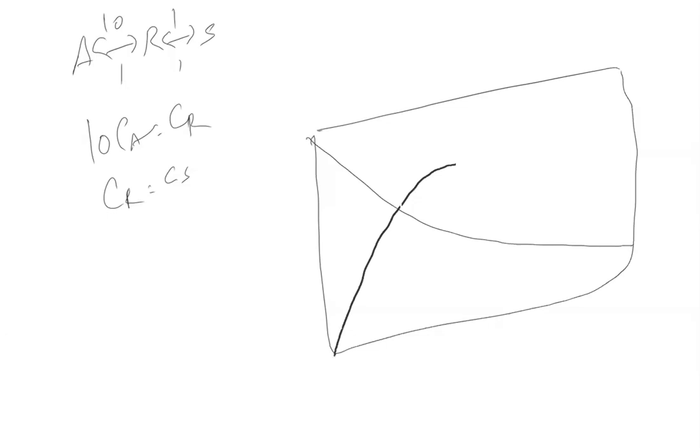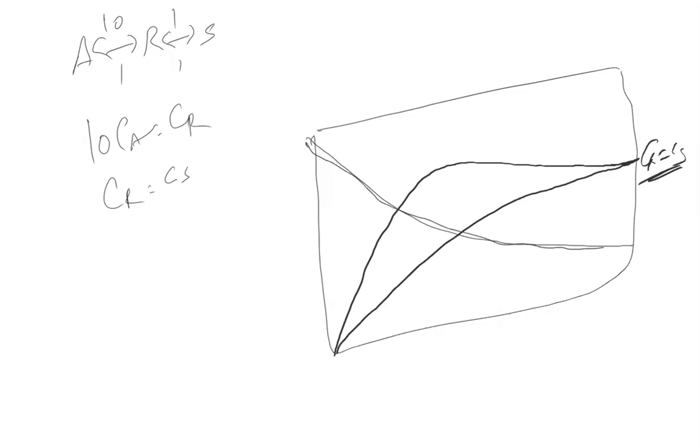Concentration of R increases and slowly reaches like this. Concentration of S will also be like this. So this is 10 times CR and CS, which are equal at equilibrium, whatever the concentration of A will be. Just take 2 minutes and see all the profiles.